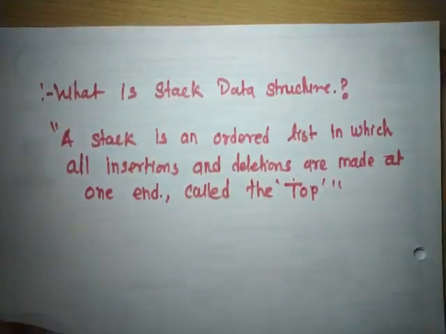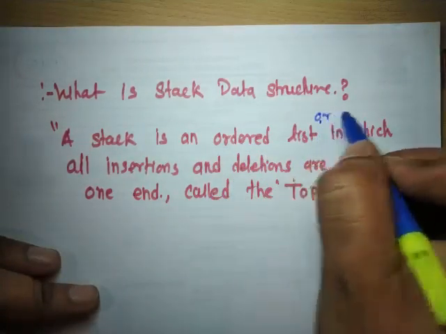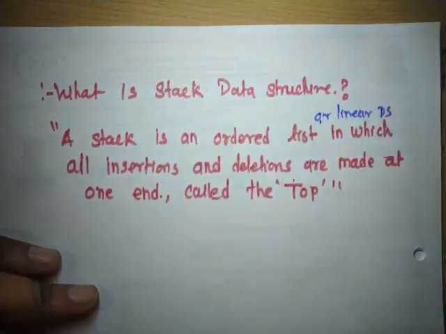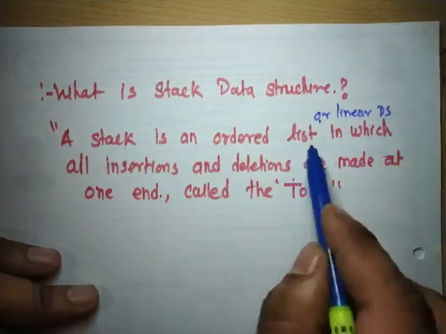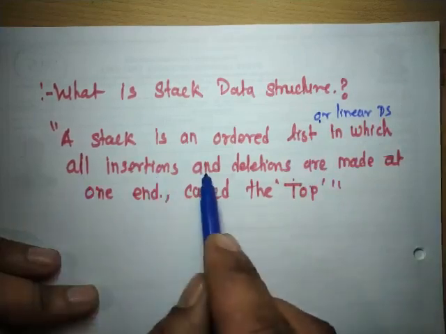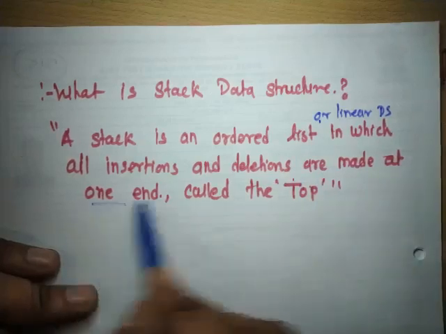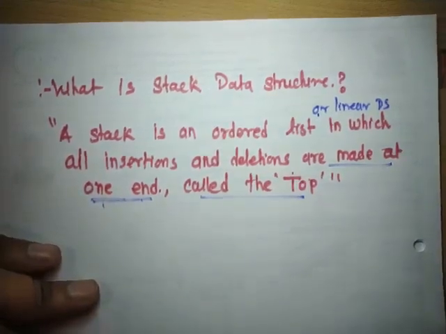So definition of stack is an ordered list, or you can say linear data structure, in which all insertions and deletions are made at one end called top end. What we call that end? Top end.